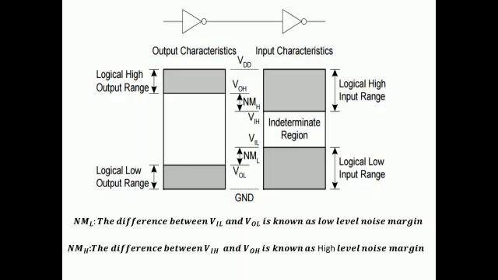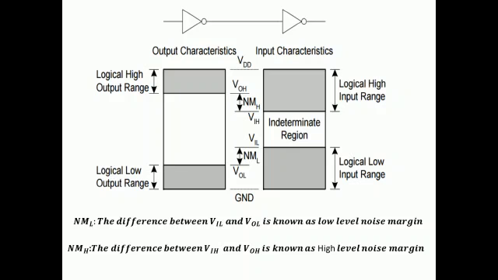Same is, there should be some difference between the high level output voltage and high level input voltage. VIH means high level input voltage.